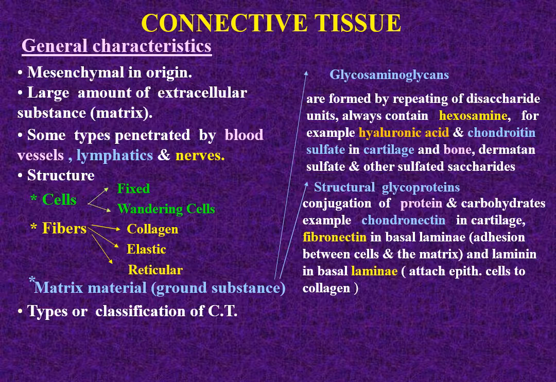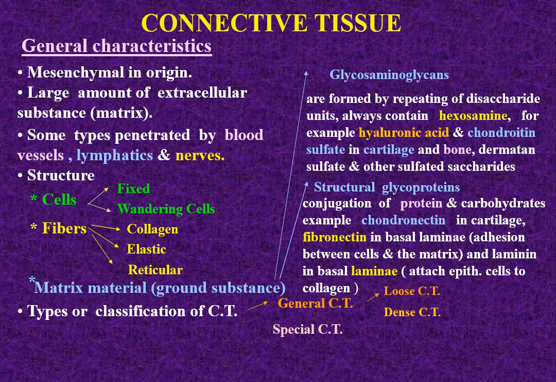Types or classification of connective tissue. There are two main groups of connective tissue according to the nature of the matrix, general and special, from which further subdivisions are made. General connective tissues are distinguished as loose or dense, according to whether the fibers are loosely or tightly packed.